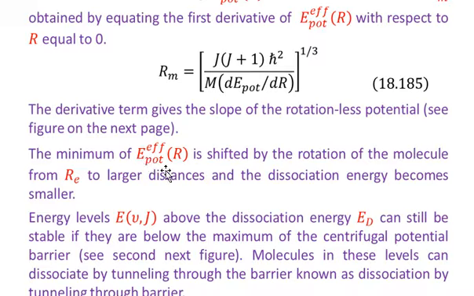The minimum of the effective potential is shifted by the rotation of the molecule from the value Re to larger distances, and the dissociation energy becomes smaller.